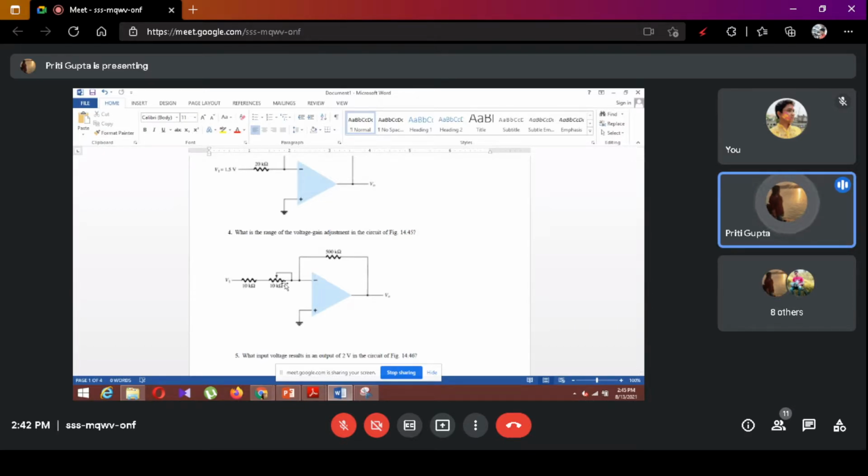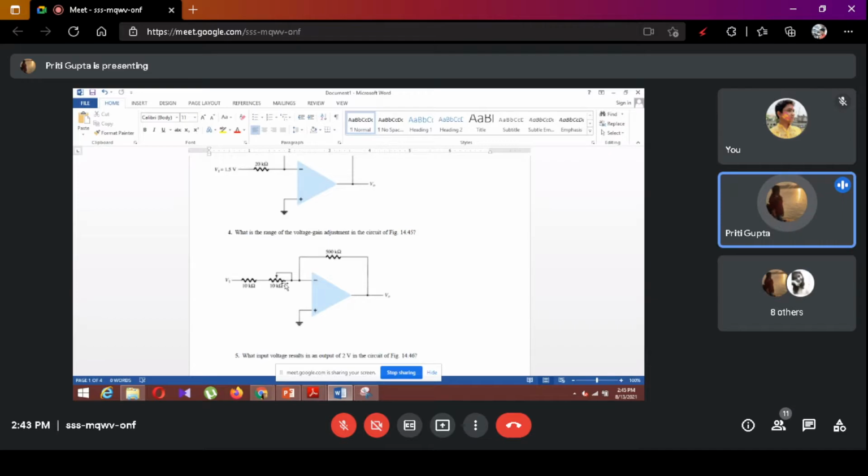So at first your Ri will be 10 kilo ohm plus 0. Next your Ri will be 10 kilo ohm plus 10 kilo ohm. So do this one. You will get two output voltages, ma'am. Yes, Shreyashi, can you repeat what you said just now?